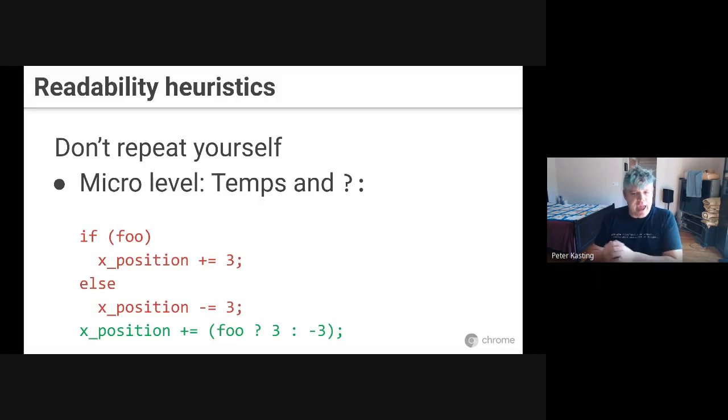Not because you can write it as a question colon, but because that actually better expresses the intent of the code in red. The code in green is a more accurate way of saying what I am trying to do here. I don't know, that's an extremely fluffy, hand-wavy opinion.